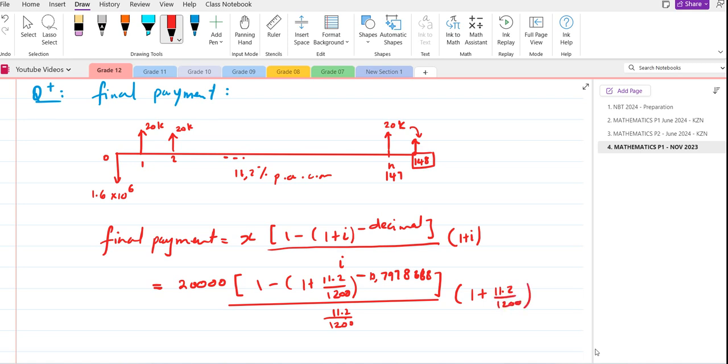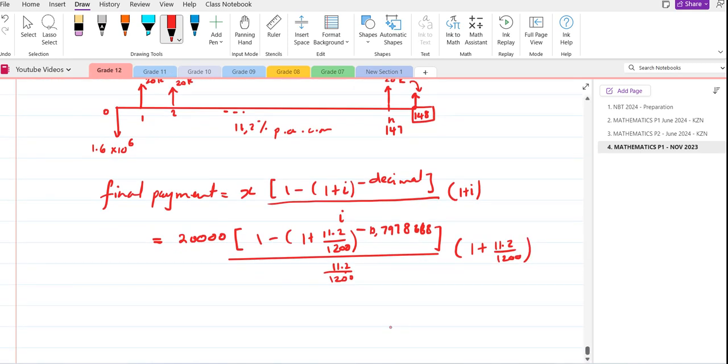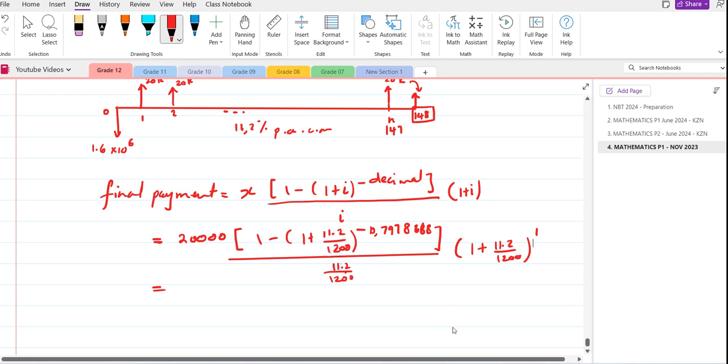Now let's solve. Basically, if you work this, that gives you an outstanding balance at 147, and you have to accumulate for one more month to get the actual value less than 20,000. So let's type all this out in the calculator.